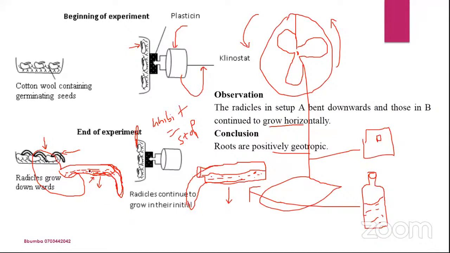So auxins inhibit, or if you don't want to use the word inhibit, they stop these cells from growing, and they make these upper cells grow very fast. Then the root bends. After the root has bent, these auxins are now uniformly distributed, so it just continues growing downward because they're uniformly distributed throughout the tip. I hope that is now making some sense.